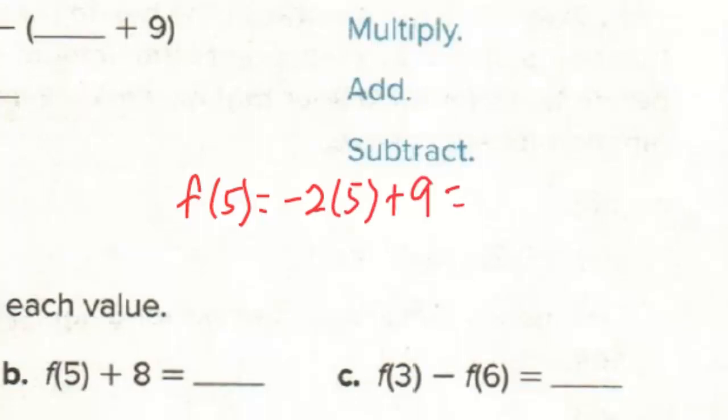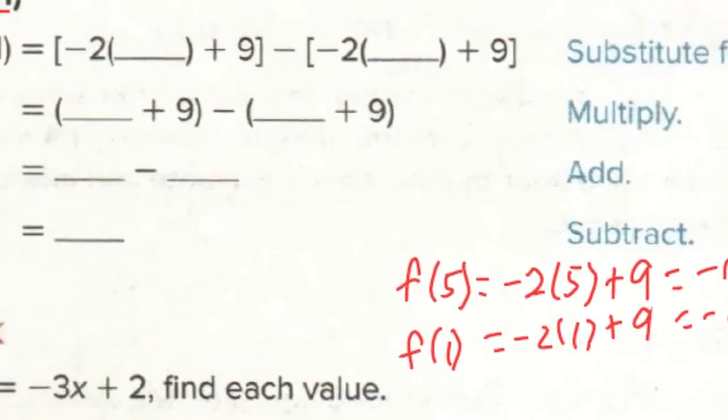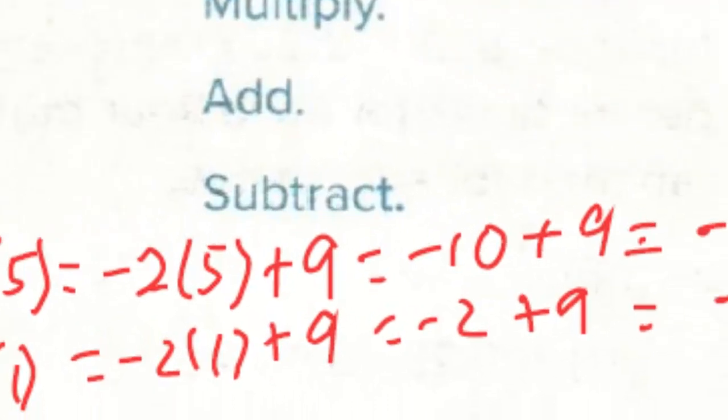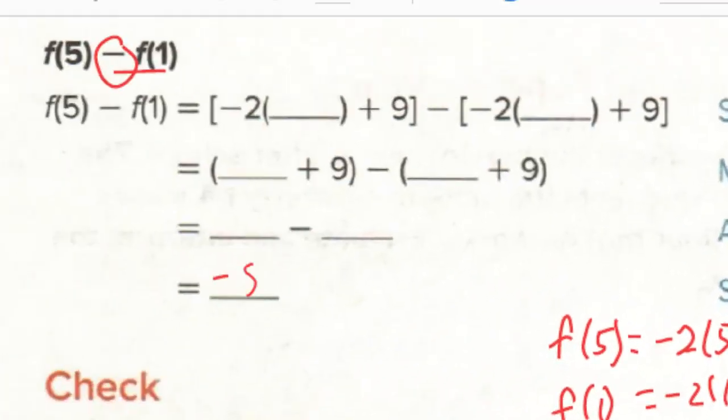And we can see here that this is going to be negative 10 plus 9, and then negative 10 plus 9 is negative 1. And then for f of 1, we're going to substitute a 1 in there. So that's going to be negative 2 times 1 plus 9. That's going to give us negative 2 plus 9, and negative 2 plus 9 is going to give us 7. And of course, they wanted us to subtract the two of them. So negative 1 minus 7 will give us negative 8. So the final answer here should be negative 8.